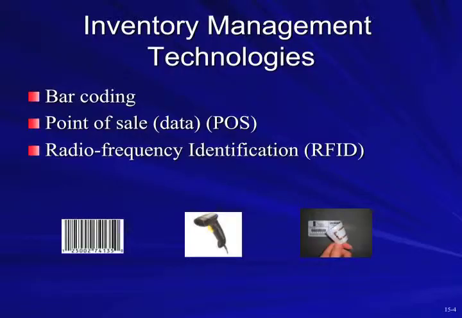There are different types of technologies involved in inventories. Barcoding is one of the most common ones used to help move things along and identify them rather than count things manually or with paper documents. And then there are several other things depending on the type of operation you have.